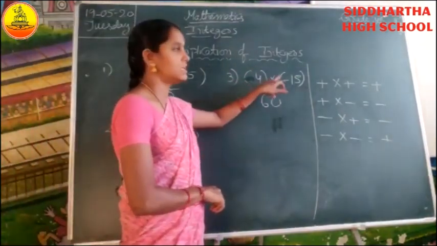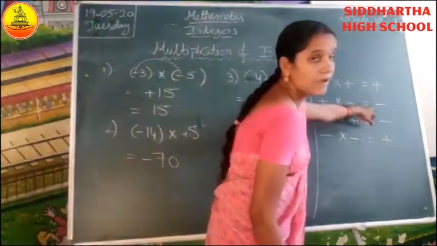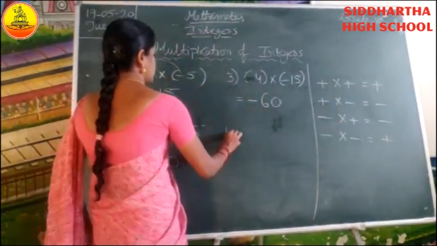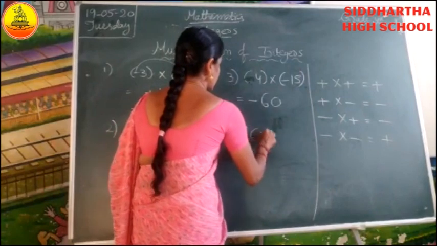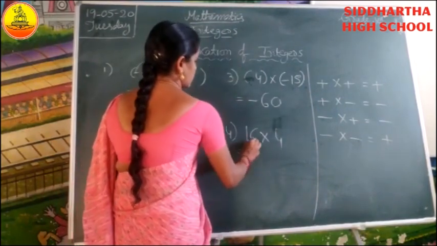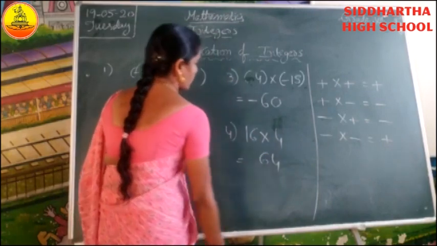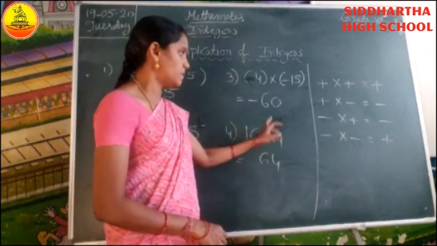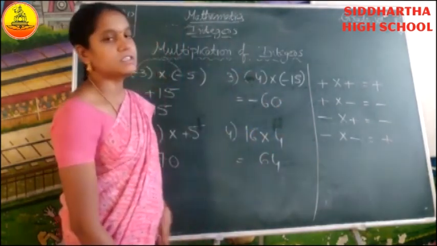Plus into minus, how much? Minus. Next, 16 into 4. 16 into 4, how much? 64. Here it is a positive integer, it is also a positive integer. Plus into plus, so the answer is 64.